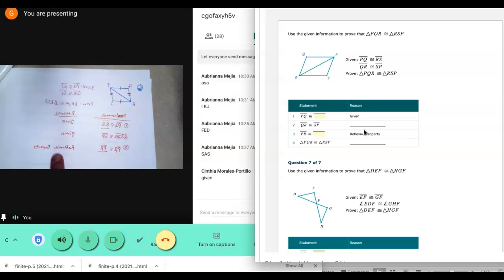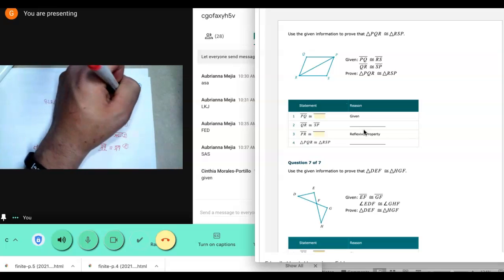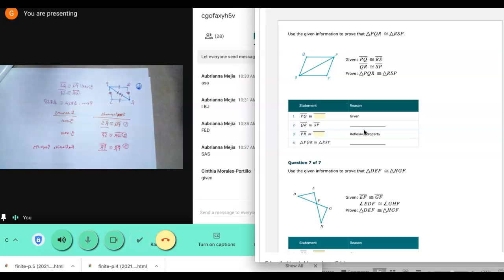If it says reflexive property here, that would be because it's the exact same thing on both sides. So reflexive property, again, whatever's on one side is just reflected onto the other side, but don't forget to mark it. If PR is congruent to PR for both triangles, well, we can mark 3 tick marks on that side.